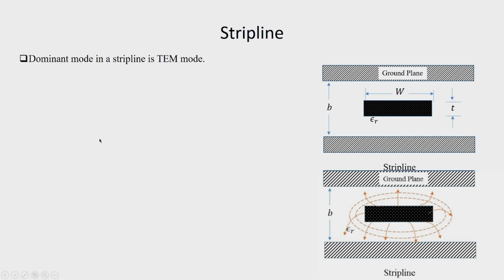Now, we can see that the electric and magnetic field lines are perpendicular to each other, and the dominant mode in a strip line is TEM mode.